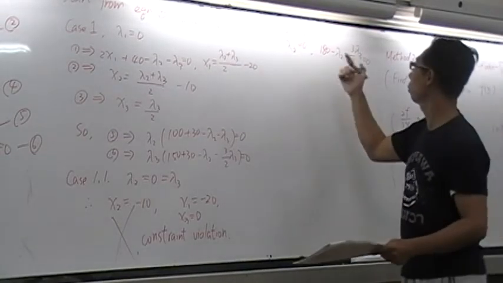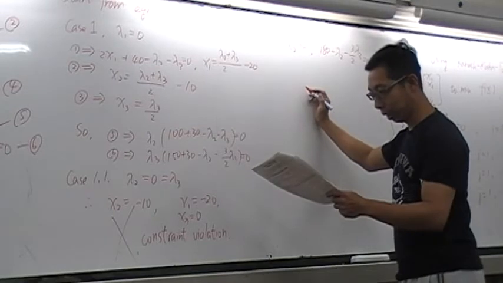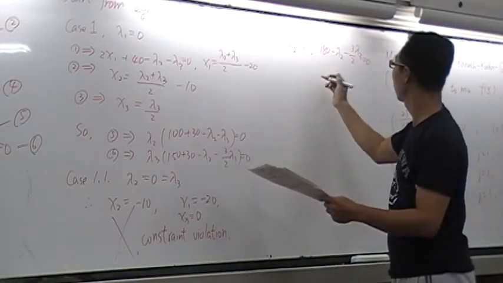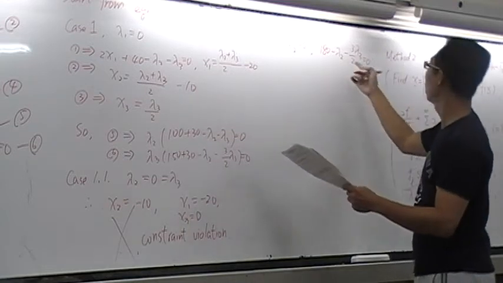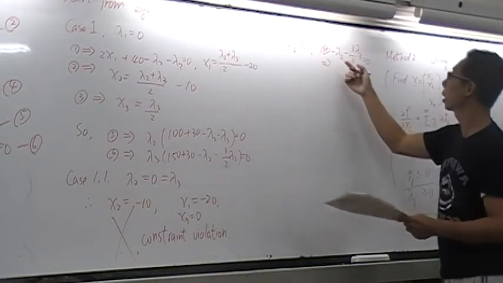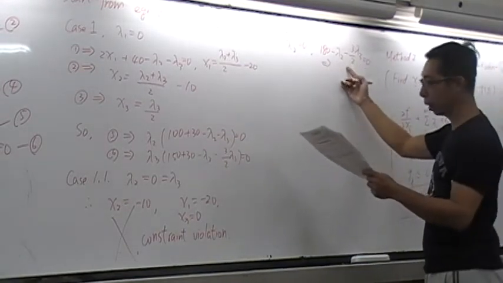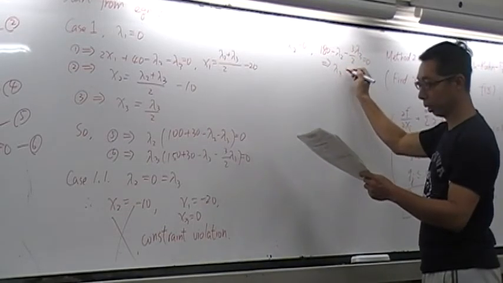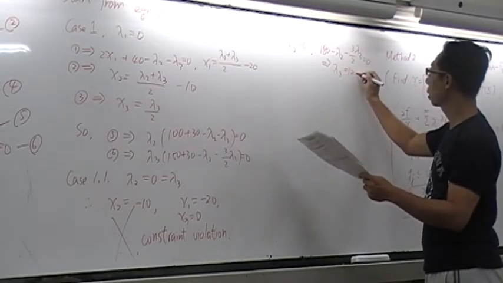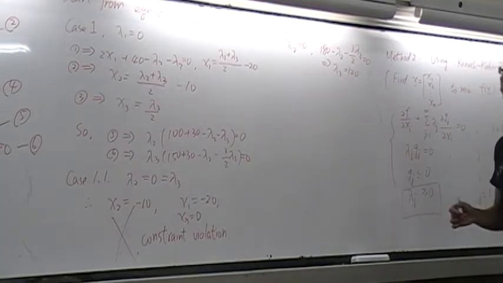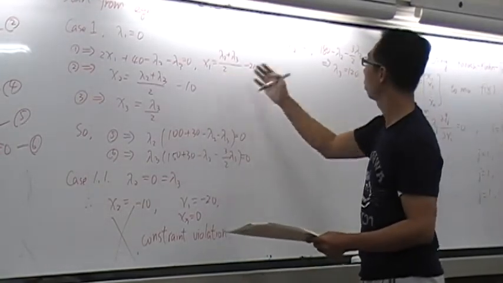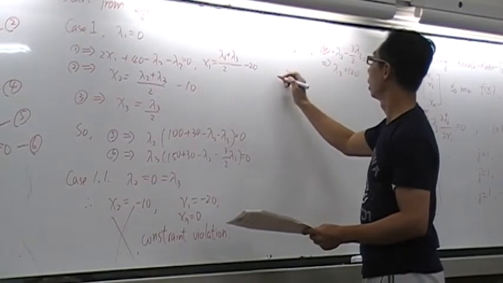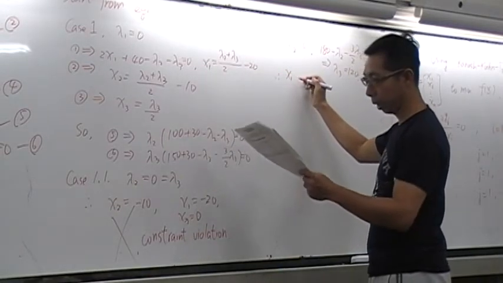Okay, case 1.2, and what we will have is this. Because lambda 2 equals 0, in this way we can see that lambda 3 becomes 120. Okay. And now let's go back and take a look at what x1 and x2 and x3 is.